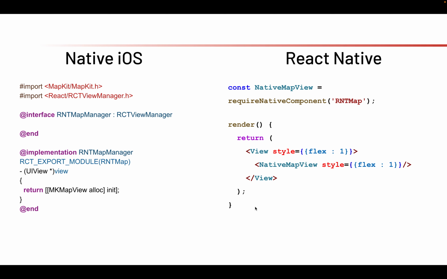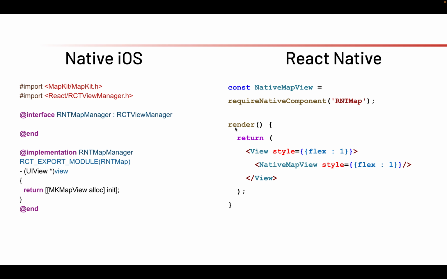In React Native, I want to render this exported view component. I am creating one variable, nativeMapView, and I get this exported module by calling the requireNativeComponent method, in which I pass RNTMap that I want to render here.